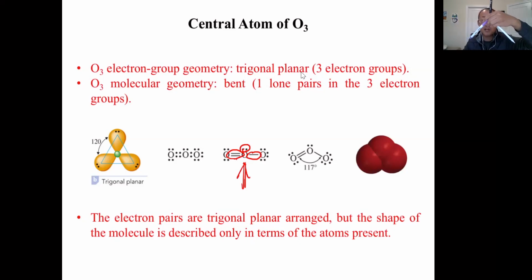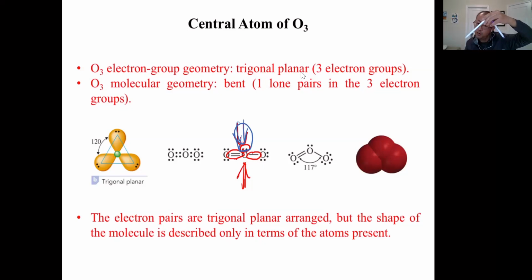But for the molecule, describing only the atoms, this is the lone pair, a pair of electrons here. This electron group doesn't have anything attached to it. So the geometry of the ozone molecule is defined by these atoms: oxygen, oxygen, and oxygen.